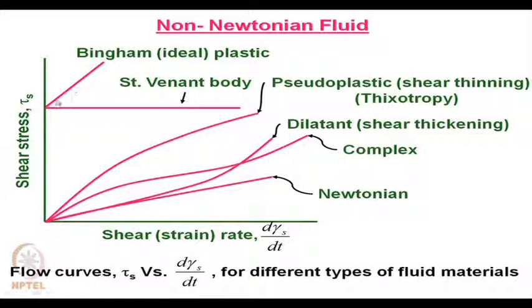That variation of shear stress with shear strain rate occurs for a Bingham plastic at much higher stress, after which it becomes linear. And there can be other materials which are termed as St. Venant bodies, which do not require any increase of shear strain rate.